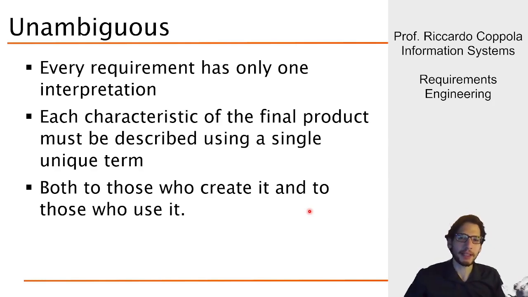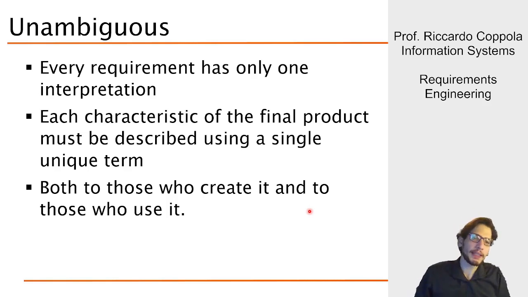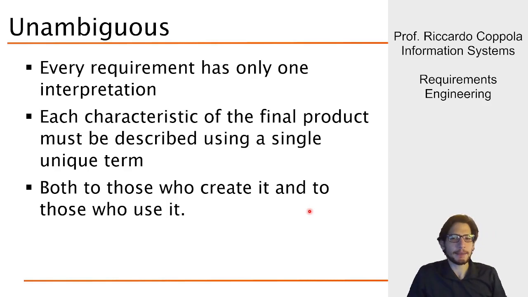Requirements must be read by different actors, by different people, as we have seen, and all the people should be able to read and interpret the requirements with the same meaning. So I have to be clear in the requirements solicitation and the requirements specification, and I need to be careful to define the terms that may not be so obvious to reduce ambiguities between different requirements in my document.